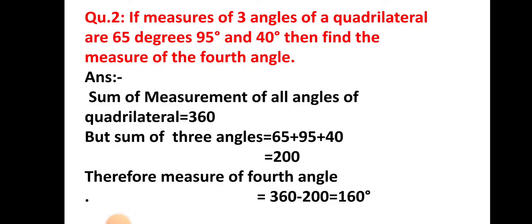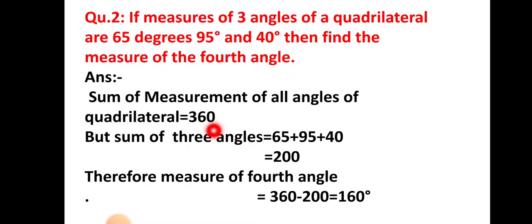Now question number 2. If measures of three angles of quadrilateral are 65 degree, 95 degree and 40 degree, then find the measure of fourth angle. या ठिकाणी आपल्याला 3 अँगल्स दिलेले आहेत क्वाड्रिलेटरलचे आणि चौथा अँगल काढायचा आहे. Answer: sum of measurement of all angles of quadrilateral equal to 360 degree.